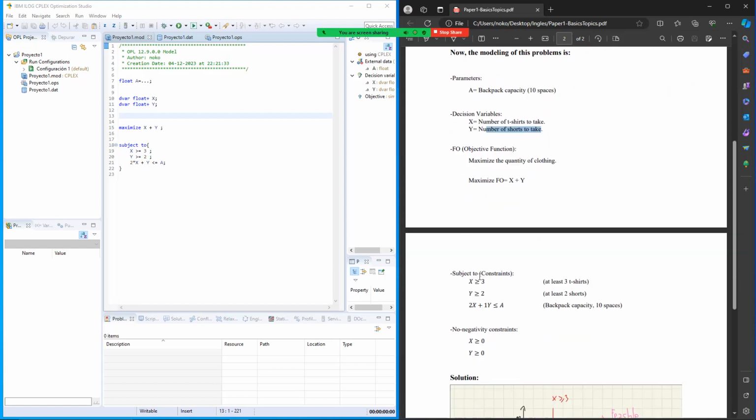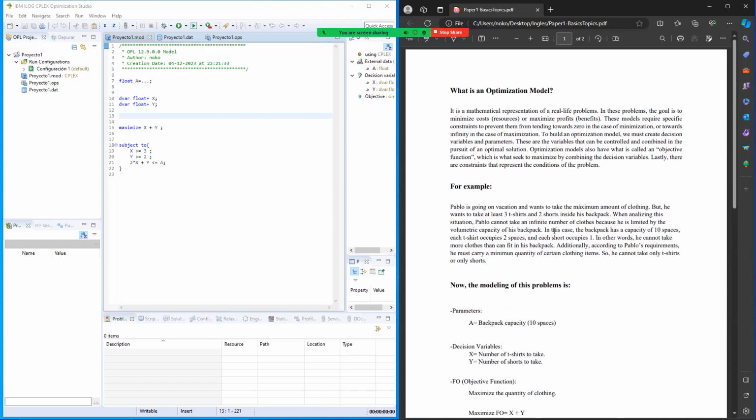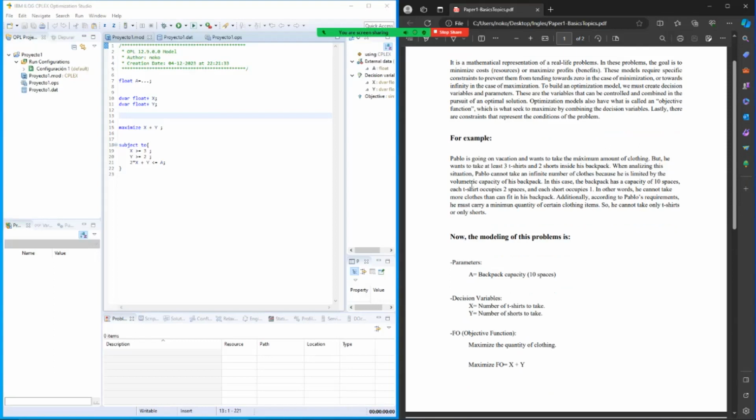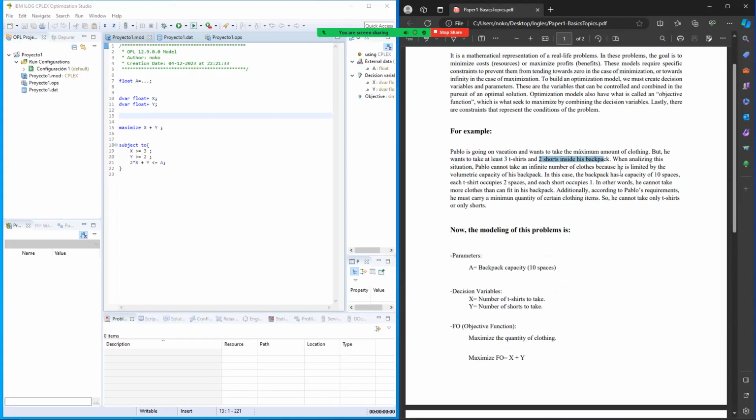Okay, then we have some constraints. What are the constraints? The context of the problem says that Pablo wants to take at least 3 t-shirts and 2 shorts inside his backpack.